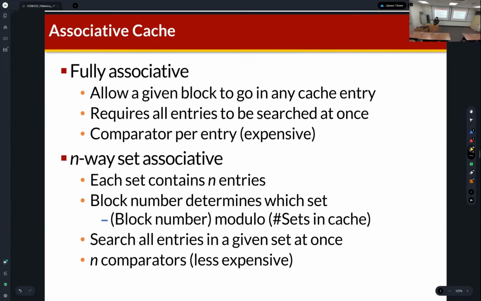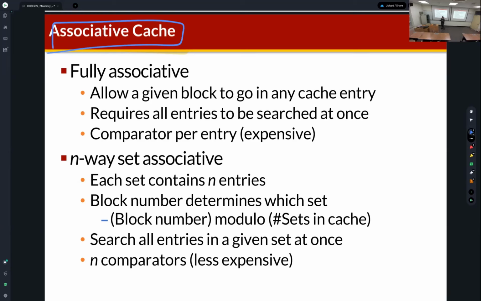So now I will explain another aspect of cache organization. It's called the associative cache. So what is the associative cache?